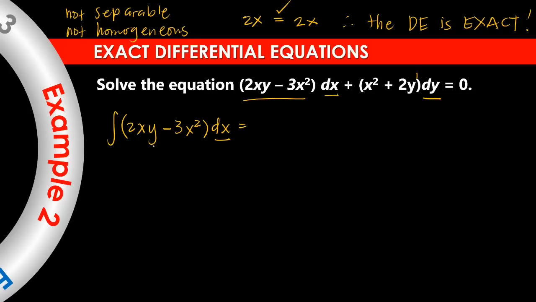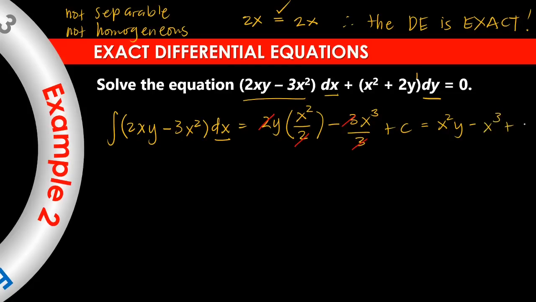So, we'll treat y as a constant when we integrate. So, we have 2y and then i-integrate mo yung x, magiging x squared over 2, minus 3x squared. Pag in-integrate, magiging 3x cubed over 3 plus c. So, there, may makakancel na mga terms. Kagaya nito, makakancel siya, pati ito, leaving us with x squared y minus x cubed plus c.